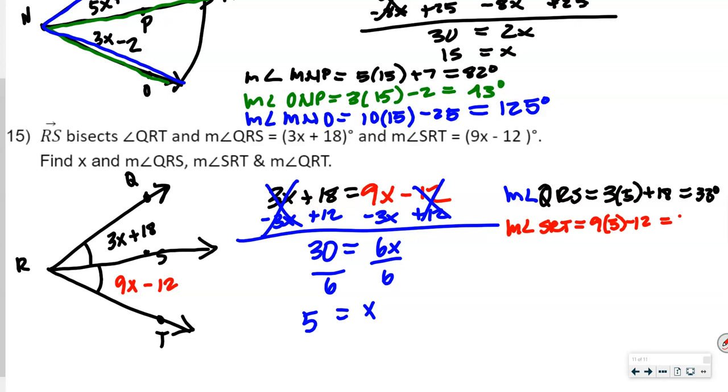Guess what? That's also 33 degrees. Okay, so immediately you should be able to see that the big angle should be 66 degrees, right? So we're now going to find this right here. And how do we do that? We just add those two together, right? So the measure of angle QRT is equal to 33 plus 33, and that's 66 degrees.